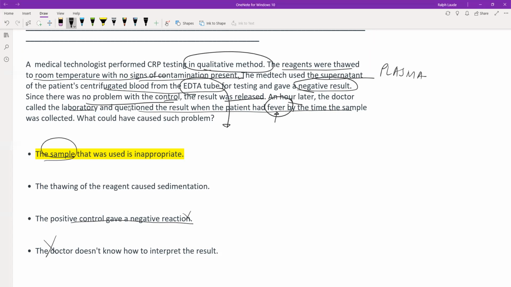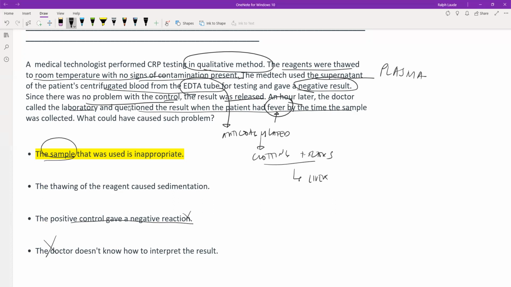Remember that your EDTA is anticoagulated. So therefore, no clotting process happened. So you still have here your clotting factors, which are actually in the form of proteins that are also synthesized in the liver, along with where your CRP is being synthesized.